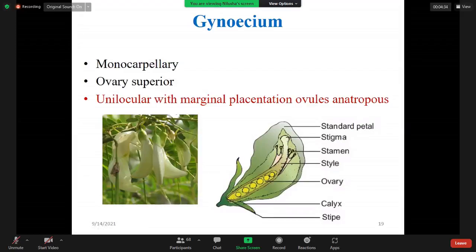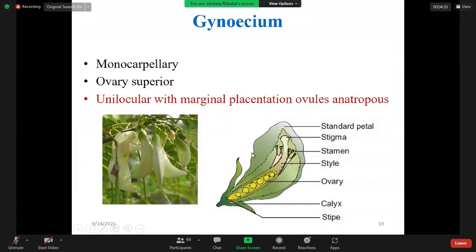And also another one is the ovary is superior. Ovary superior means the ovary is situated above the calyx part, and there is no floral cup around it. That one we call superior ovary.